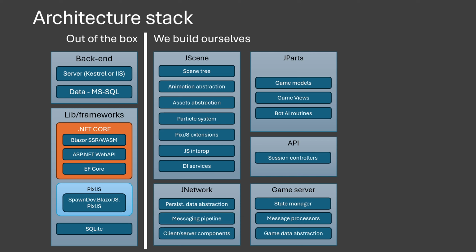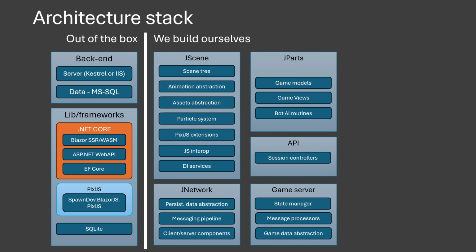And with animations, for example, you can have a sprite, but if you want to animate it, you have to write the code yourself with Pixie.js. The JScene has a certain infrastructure to make a sprite animatable without actually writing much code.